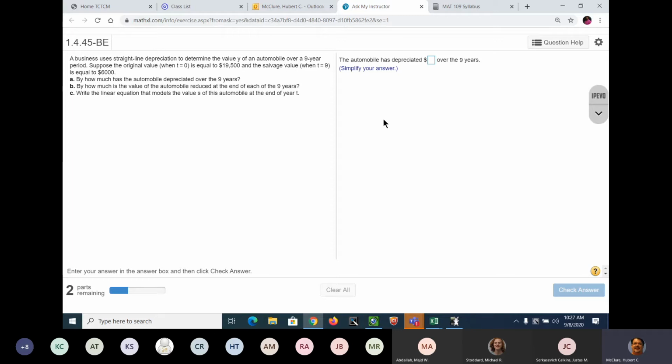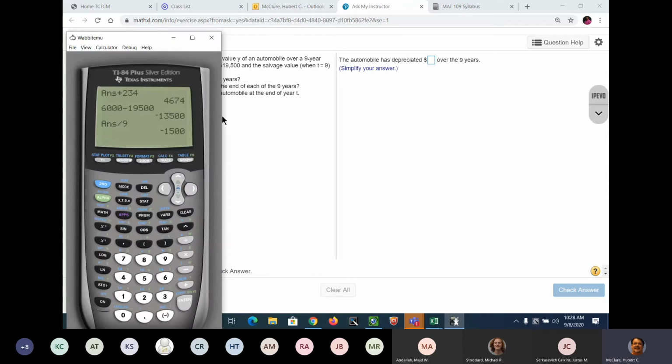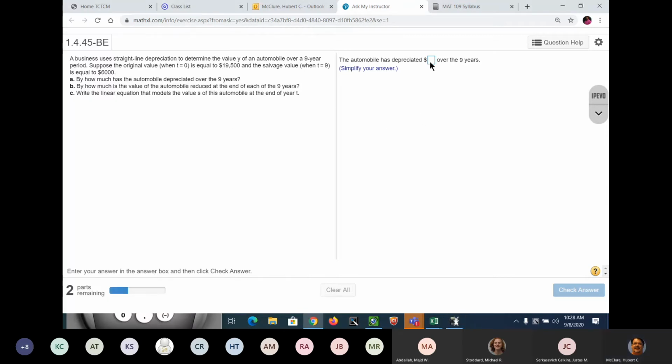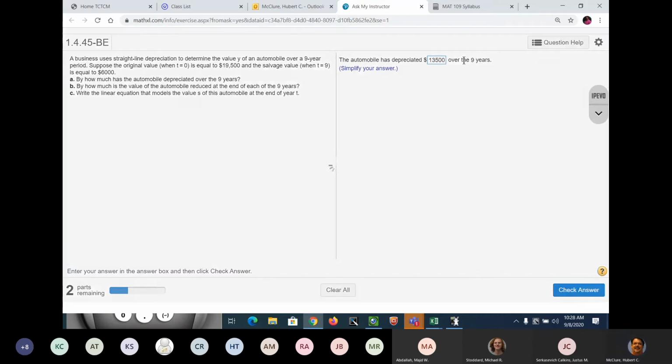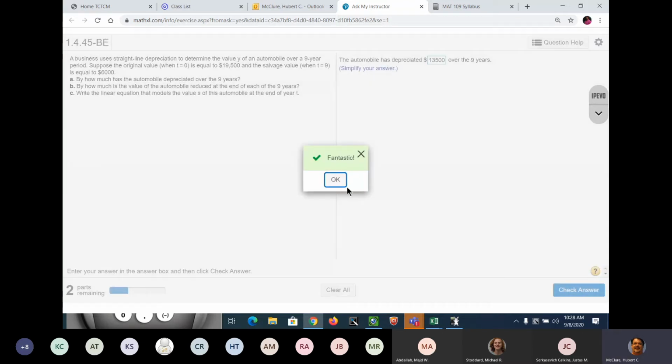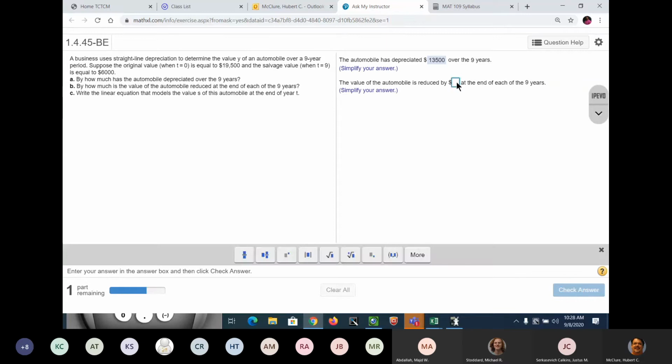Okay, well, you got to do the actual math. 19.5, I think we did that right there. 13.5, so 13.5 over the last 9 years, the value of the automobile is reduced by... I don't understand the question. 13.5.